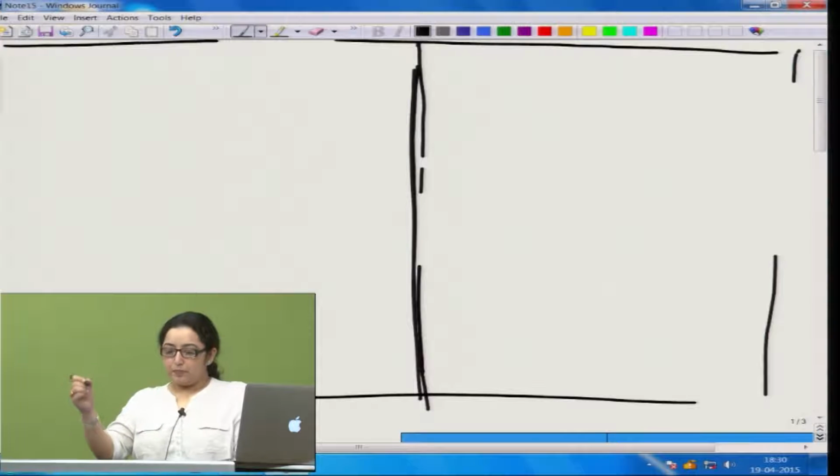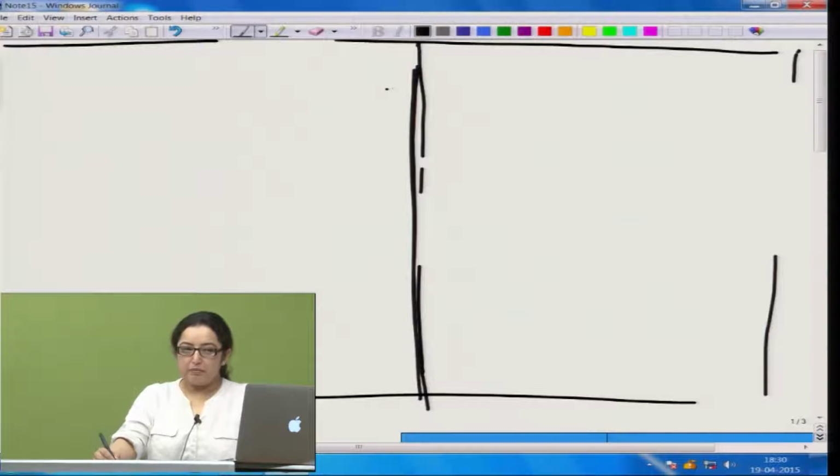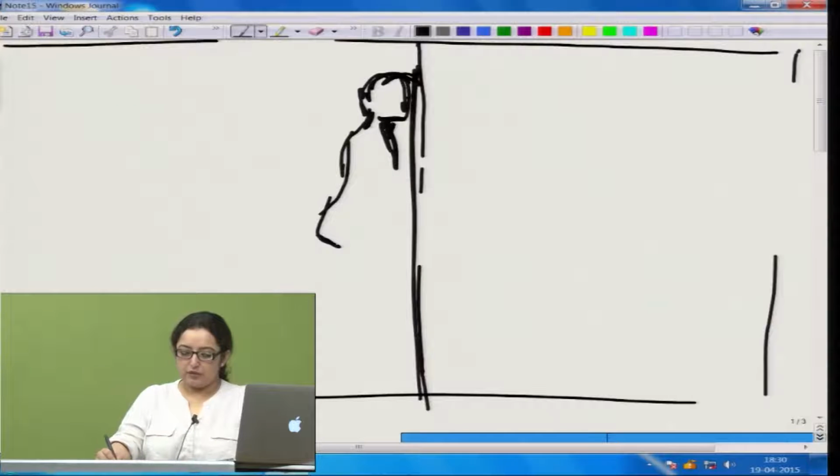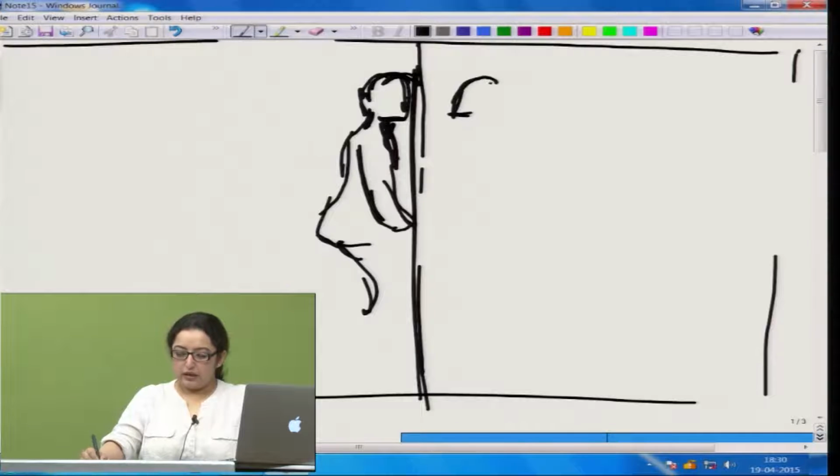Now, here we place the main characters who are dancing. There is a male figure and a female figure who are the central characters, and they are in a dancing gesture.